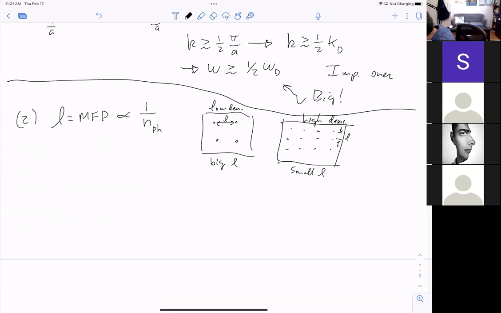And so L is kind of like the distance between the big phonons. So I just need to know what is the, which goes as 1 over the density of the big phonons. All right.